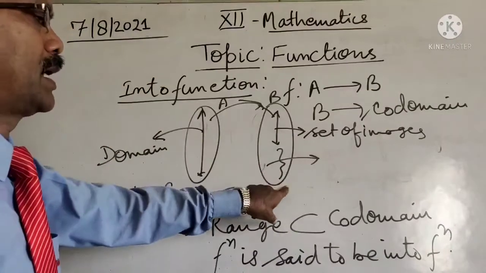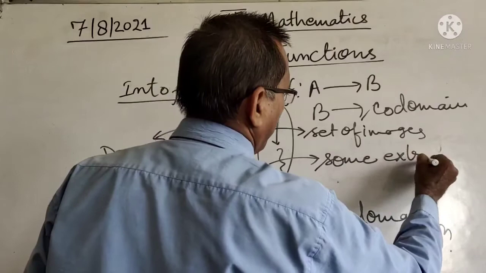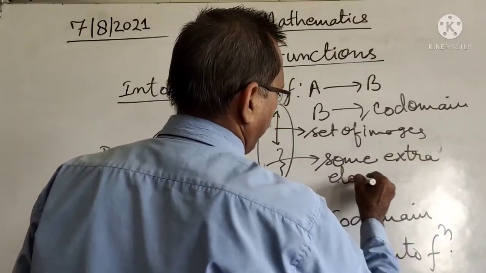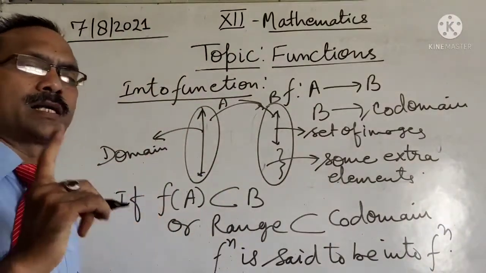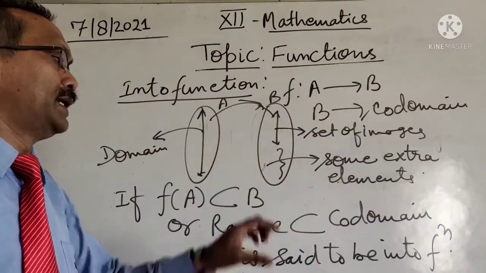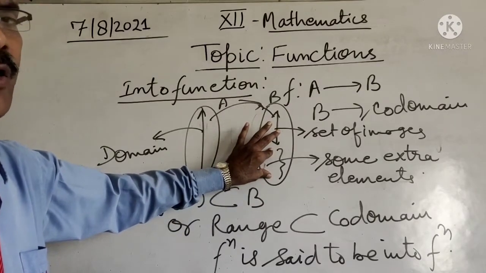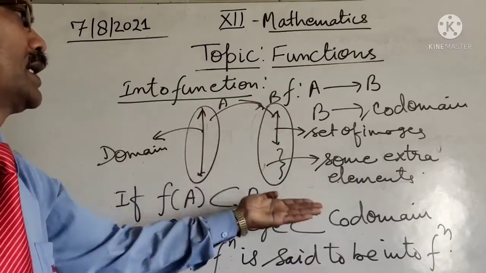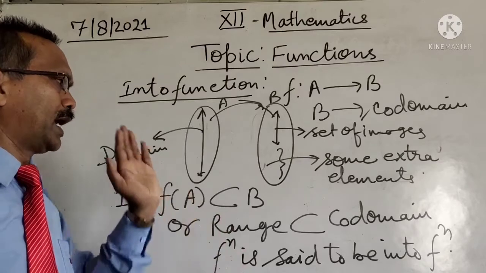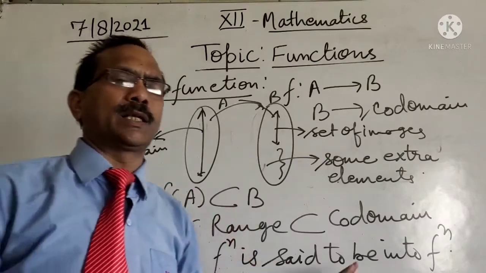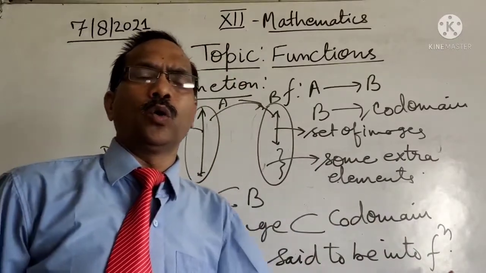There are some extra elements. If there are some extra elements in the set B, meaning there are some elements which are not images, they are not part of the images, then the function is said to be an into function. So in an into function, range is a subset of codomain. In an onto function, range equals codomain.